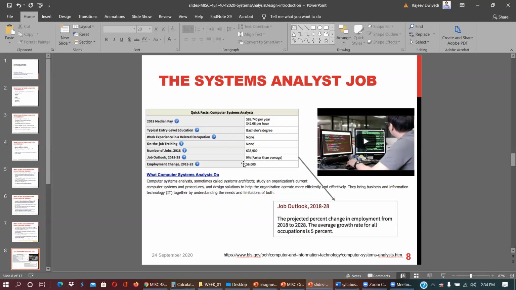Google is the best helper, and you can get the answer within a few seconds or minutes. But I will also compile and share with you the scope of a systems analyst.